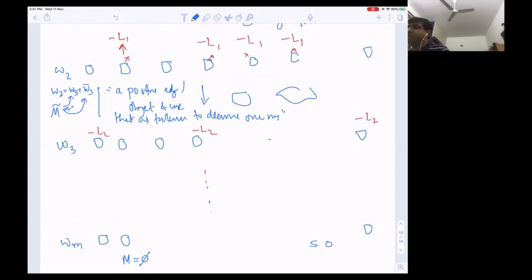So inductively, we had this invariant that after each step, we are able to preserve the fact that whatever solution we are carrying is in fact an alpha approximation with respect to my current weight function.